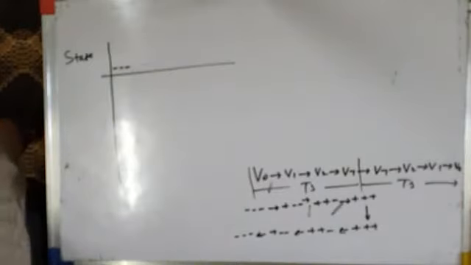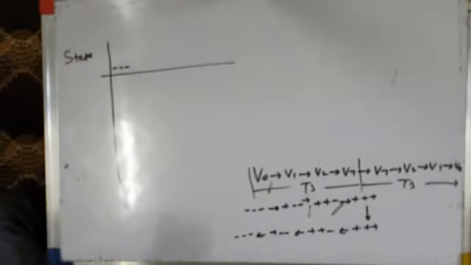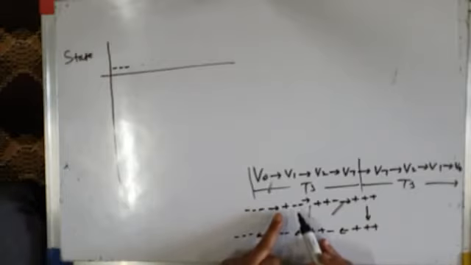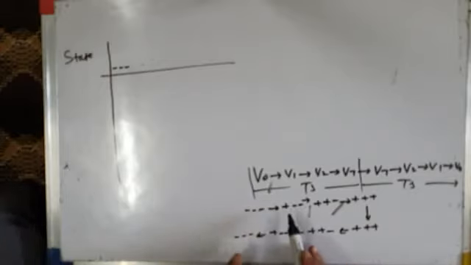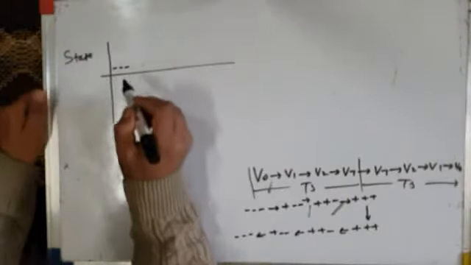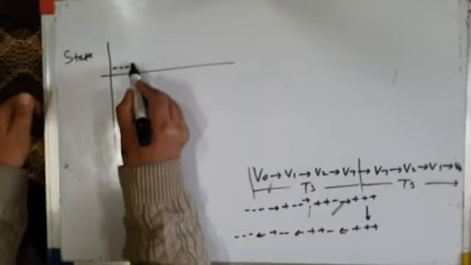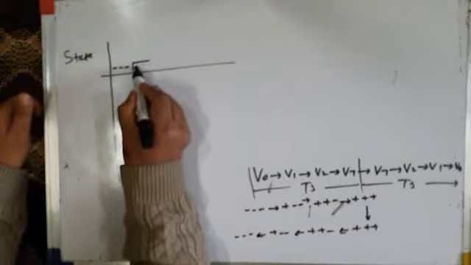उसके बाद प्लस माइनस माइनस, plus minus minus, voltage vector V1 for time interval T1.